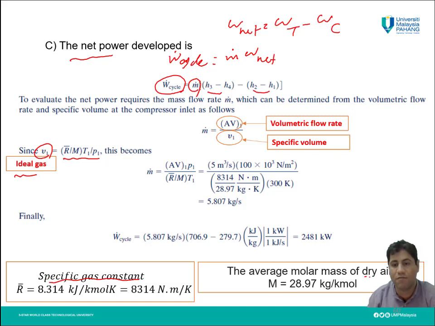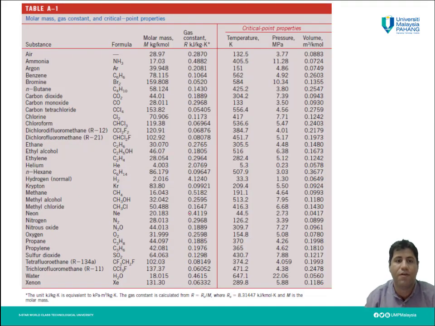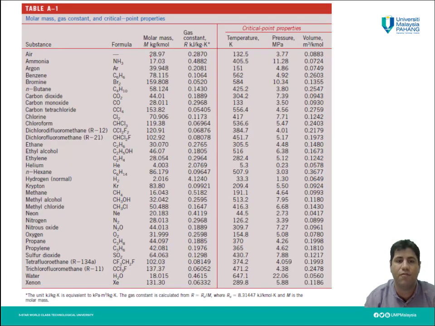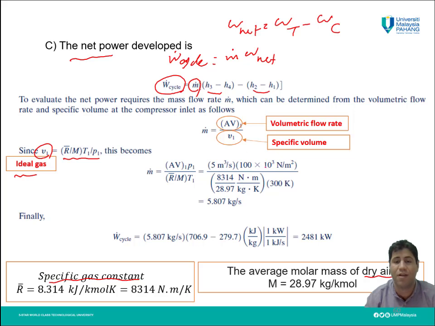The average molar mass of dry air is 28.97; you can find it in table A1. So we have M, we have R, and we have temperature and pressure for state 1. We can use this equation to calculate V1, the specific volume at state 1.